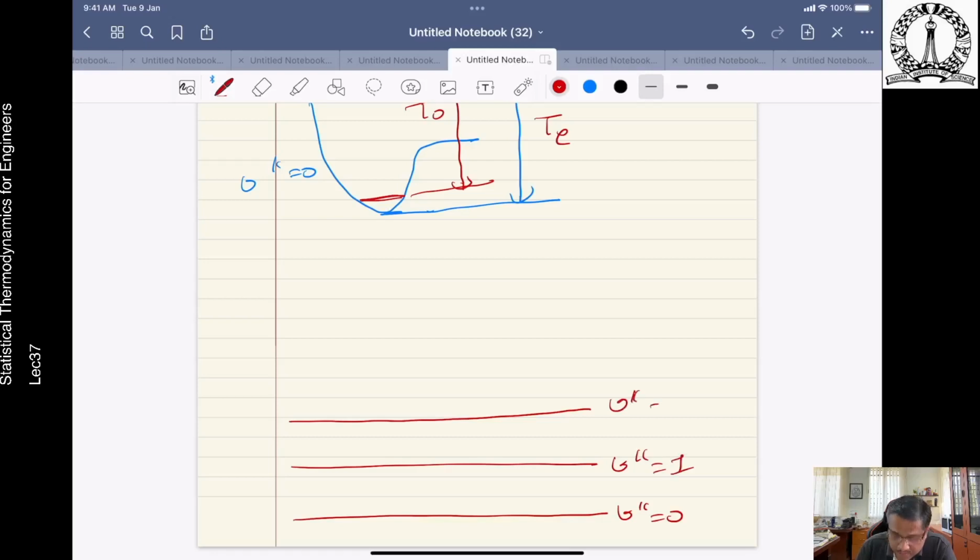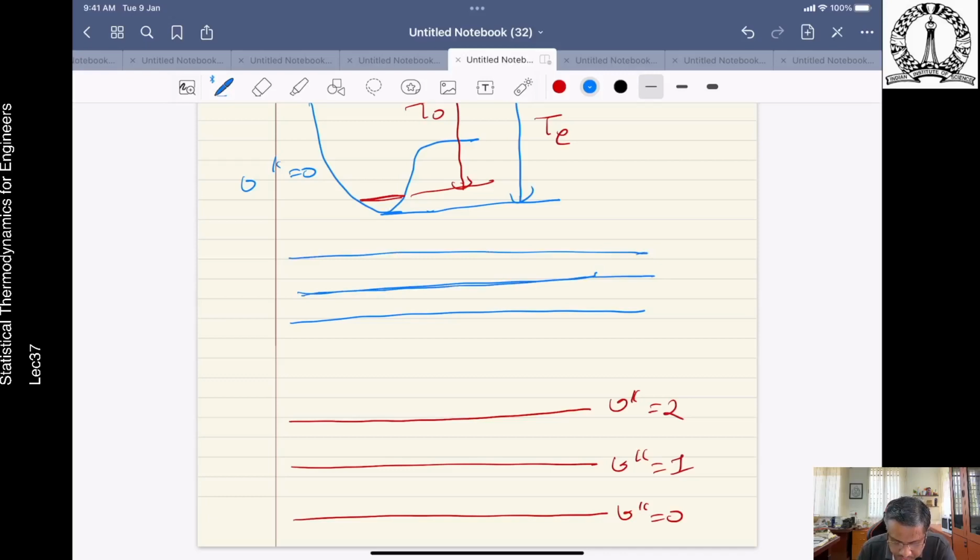This is V double prime equal to 2. Okay, and then you have an upper level. So this is V prime equal to 0, V prime equal to 1, V prime equal to 2.